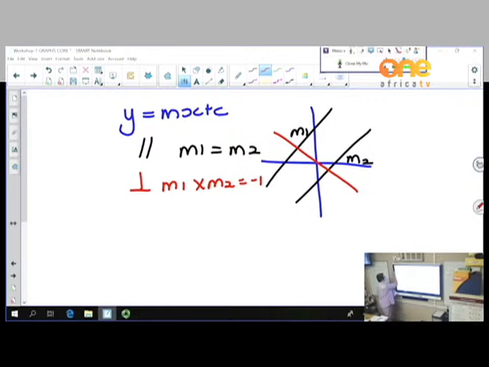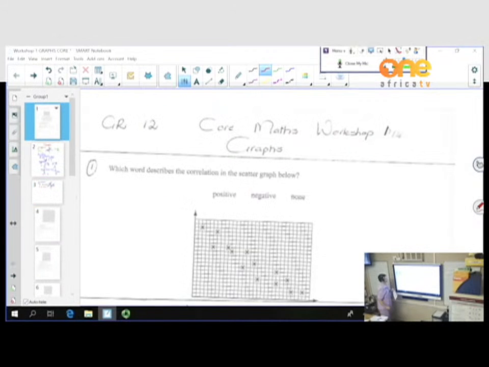Okay, so let's look now at the worksheet. You will see this is on core level, but let's first make sure that you understand this before we go to the more difficult ones. The first one says, which word describes the correlation in the scatter graph? Now, this is a scatter diagram. You get it in biology and science as well. And we cannot draw a straight line there.